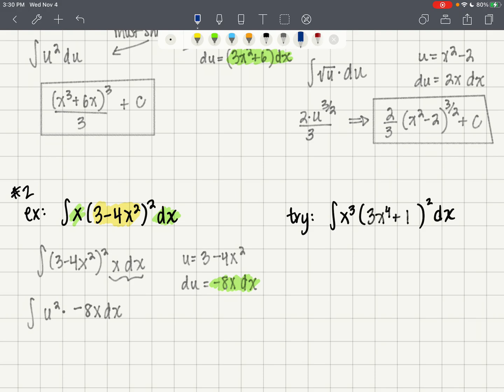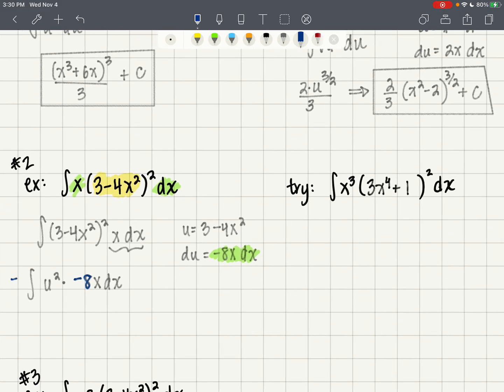If I put a negative 8 on the inside of the integral, I have to undo it. I can't just arbitrarily multiply by a number inside. So I have to undo it by writing a negative 1/8 on the outside, because negative 1/8 times negative 8 is positive 1. So we're going to undo whatever constant we multiply inside the integral by multiplying by its reciprocal on the outside.